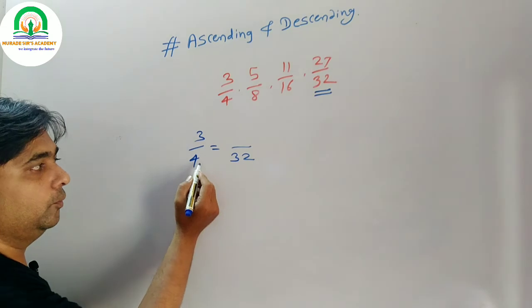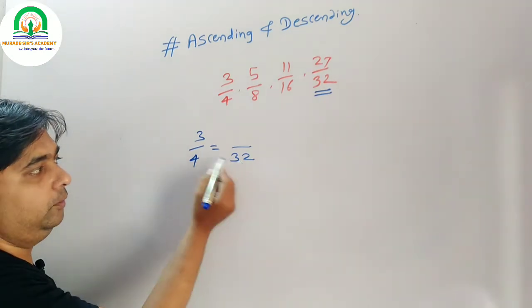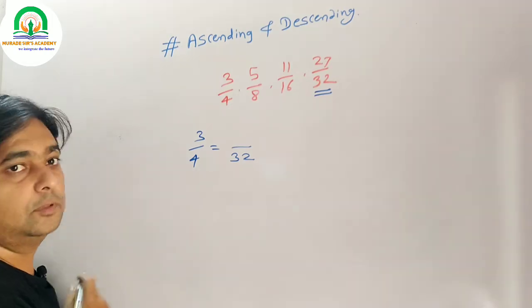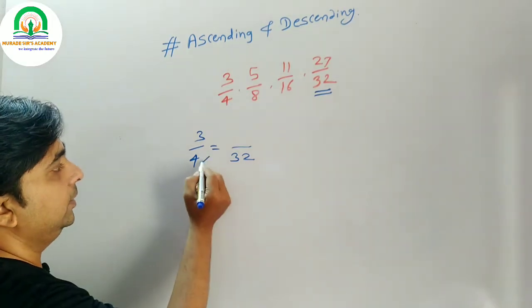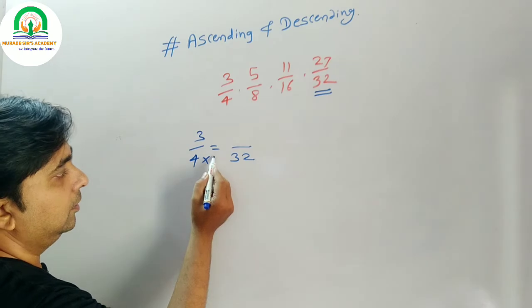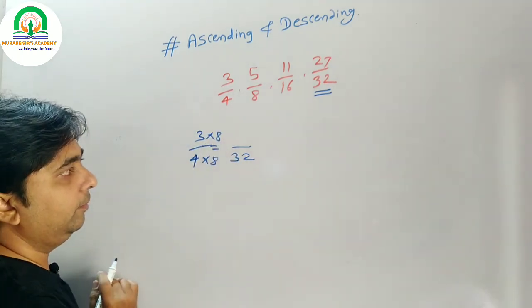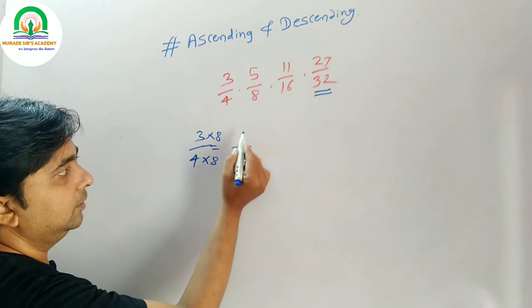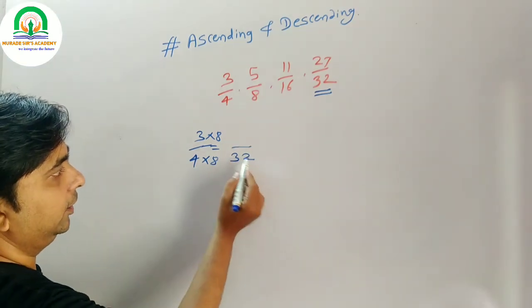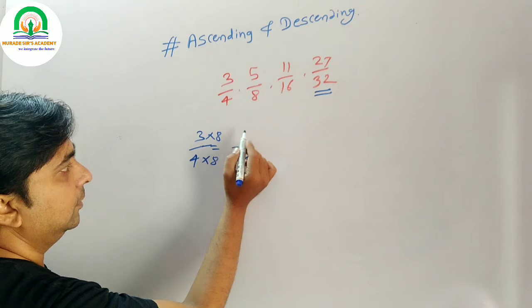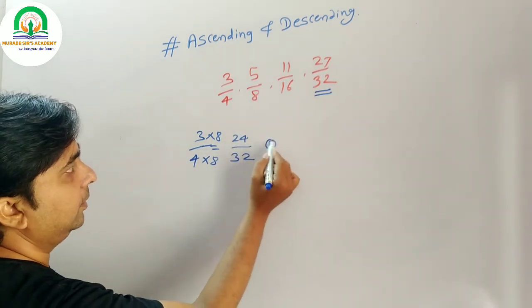Which number is multiplied by 4 to get 32? 8. Multiply numerator and denominator by 8: 4 into 8 is 32, 3 into 8 is 24. Okay, this is the first number.